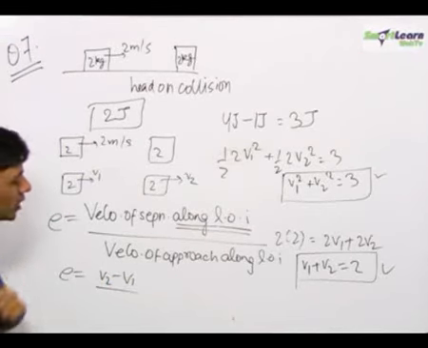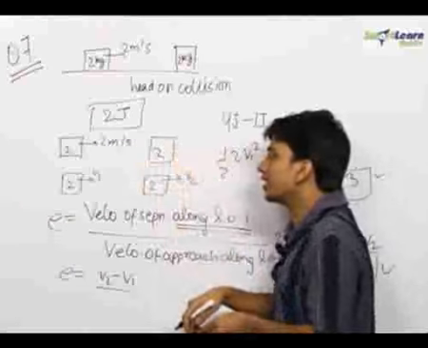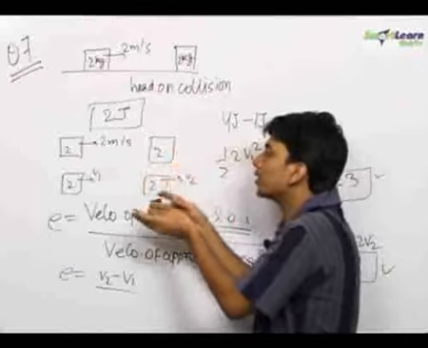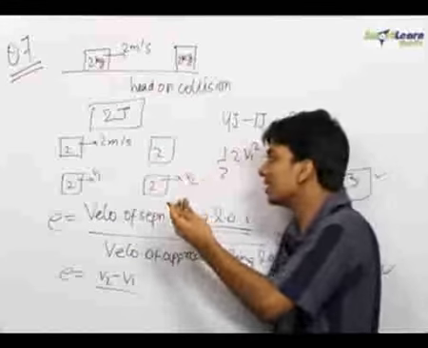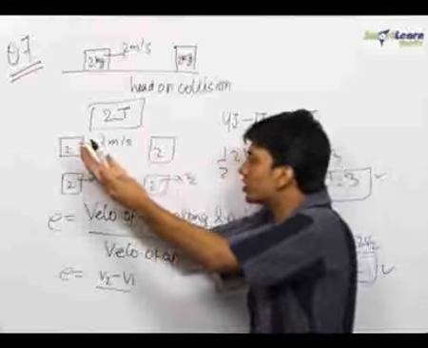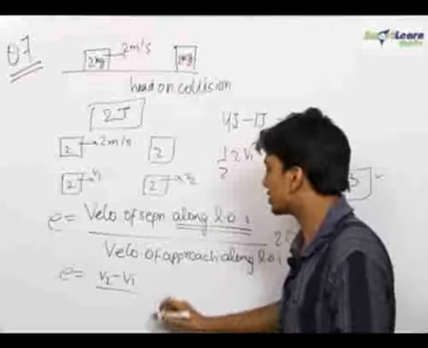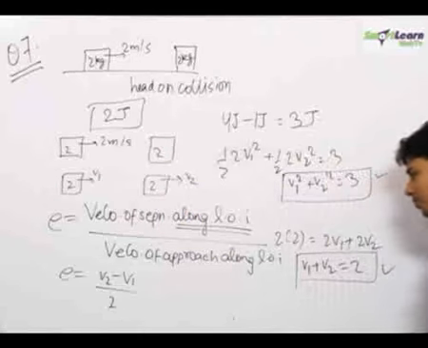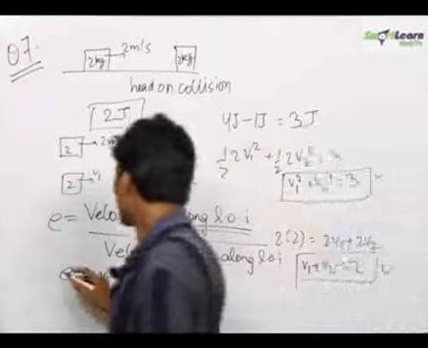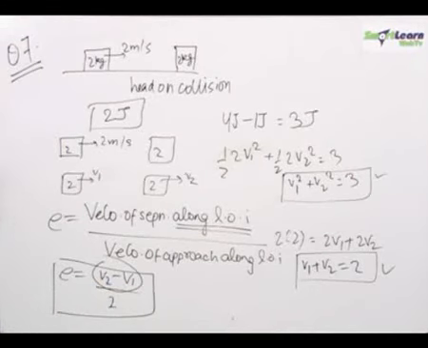Similarly for velocity of approach, relative to the front object, with what speed is the backward object approaching it. That is 2 meters per second, because this object is at rest in this case. So if we can find V2 minus V1, we can easily find the coefficient of restitution.